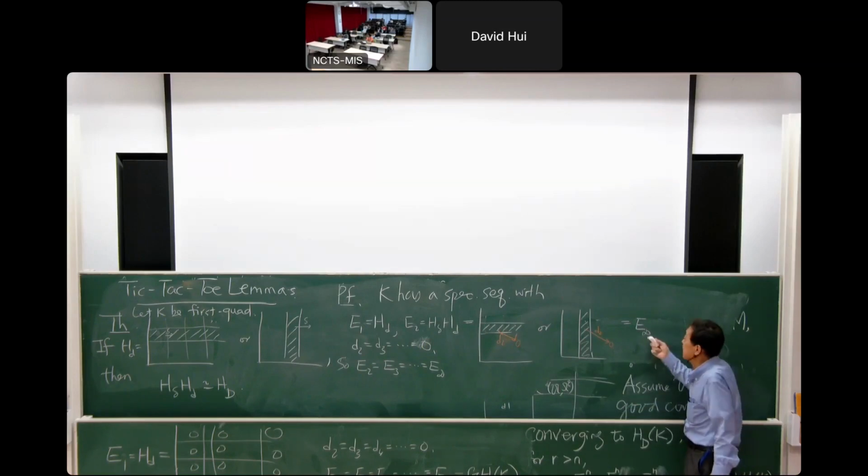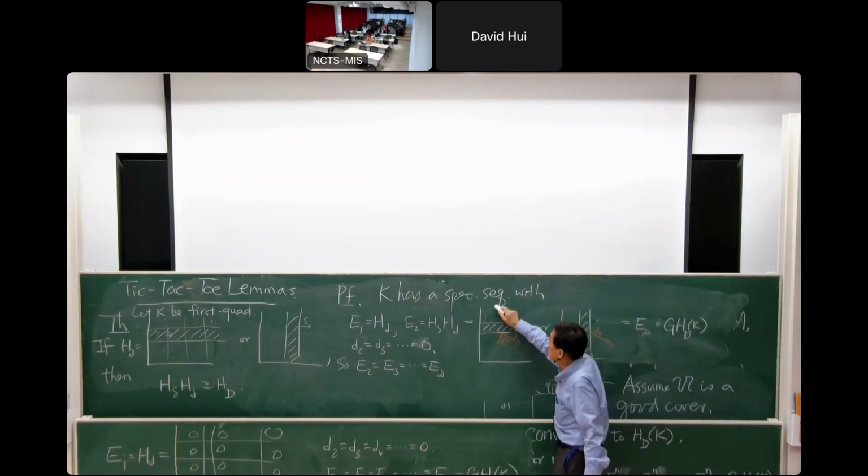And E infinity is the associated graded complex of H big D. And again, in each degree, you have only one box.